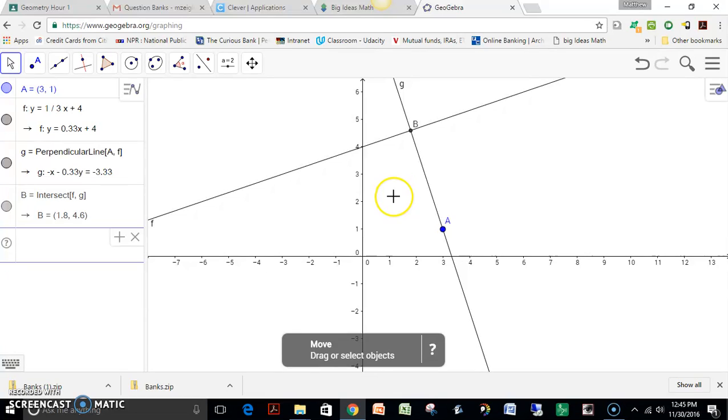And when you're doing this algebraically, what we have to do is take these two equations and write that they are equal to each other, and then solve for x, and that gives me the x-coordinate for this point. And then I have to substitute that value for x into one or preferably both of the original equations and find out what the y-coordinate is.